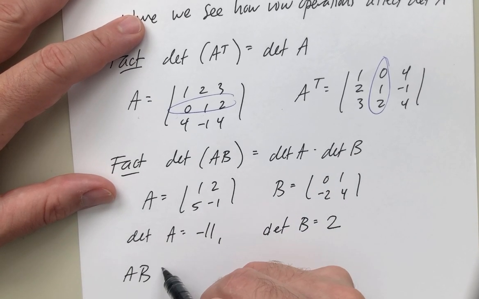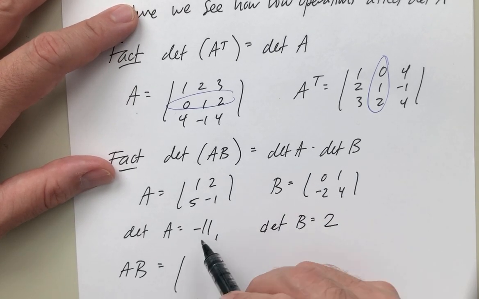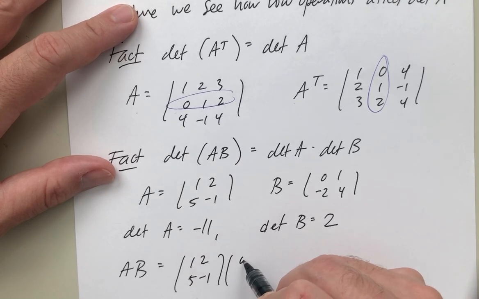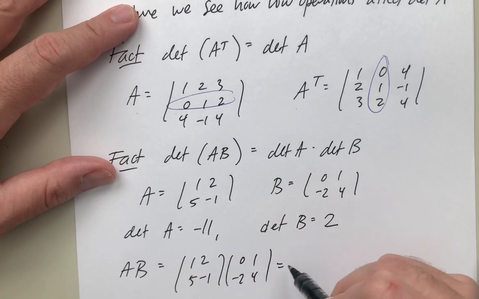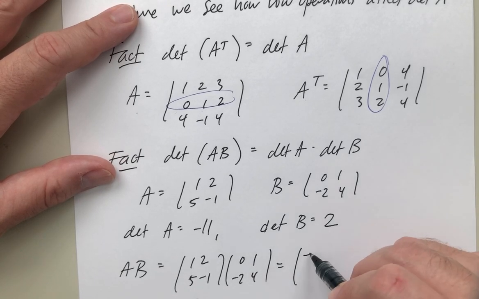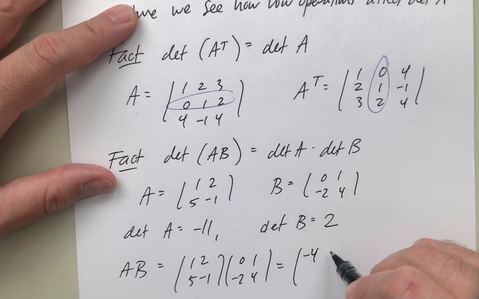What is A times B? Right, so it's a 2x2 matrix. So 1, 2, minus 5, 1 times 0, 1, minus 2, 4. What do I get? The upper left corner is 1 times 0 plus minus 4. Then the upper right corner is going to be 1 plus 8, which is 9.